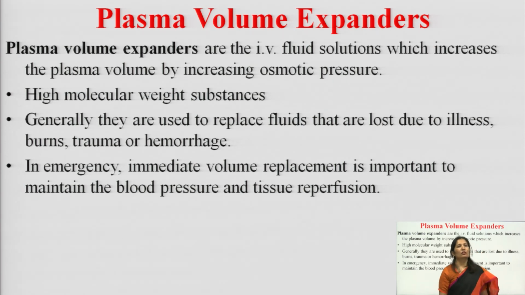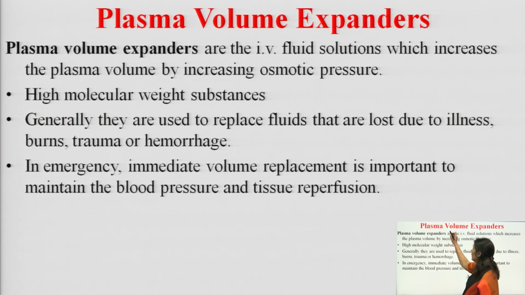So, plasma volume expanders are intravenous fluid solutions which increase the plasma volume by increasing osmotic pressure. So, these are the solutions which, when given intravenously, increase plasma volume by increasing osmotic pressure.